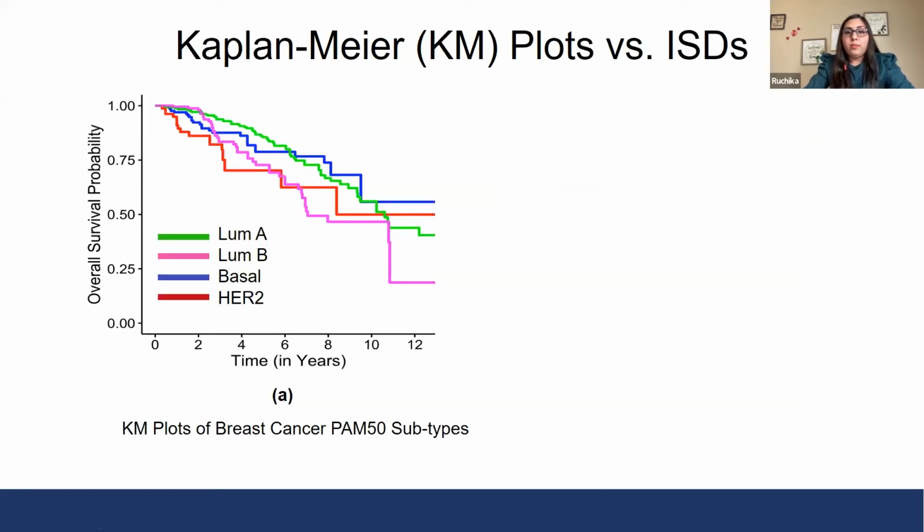Now I'll talk about the importance of individual survival distributions in comparison to KM curves. In KM curves, usually we get average survival curves from a group of patients per cancer subtype. As we can see here, I'm showing these KM curves for 4 molecular subtypes of breast cancer.